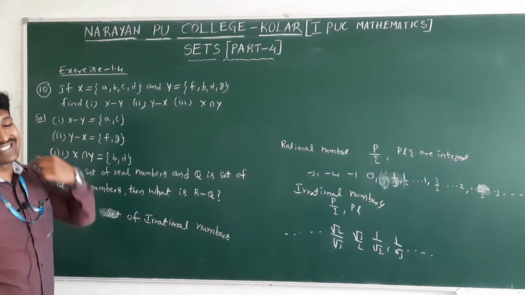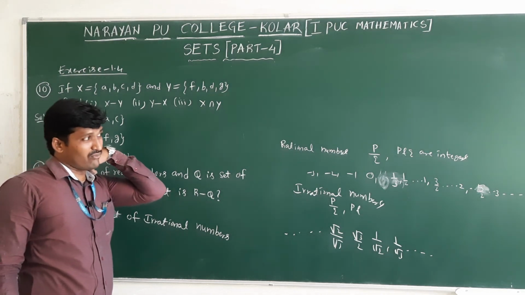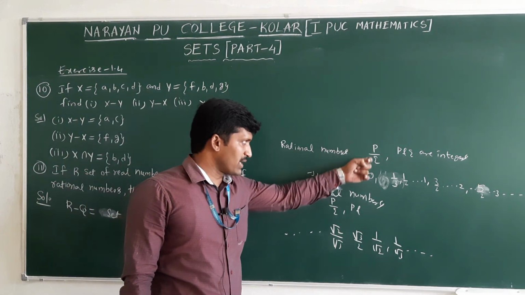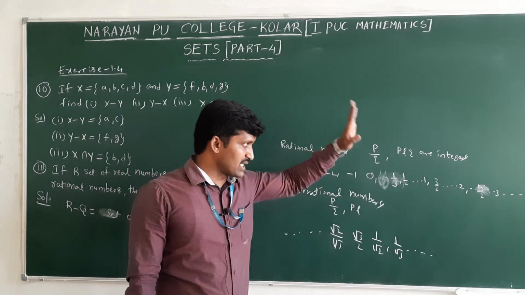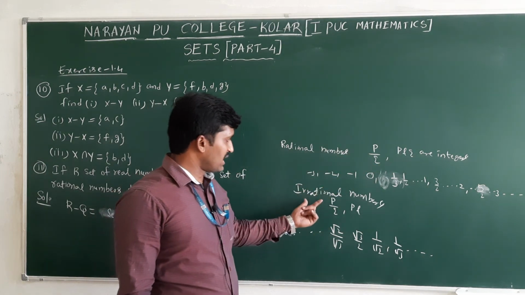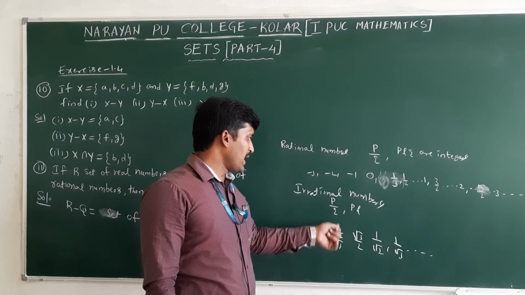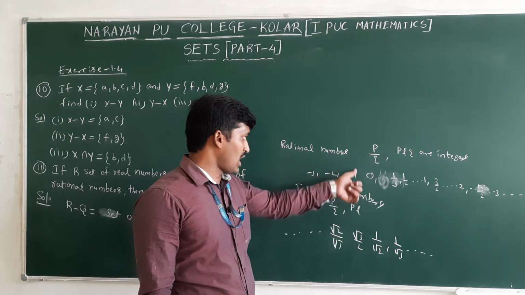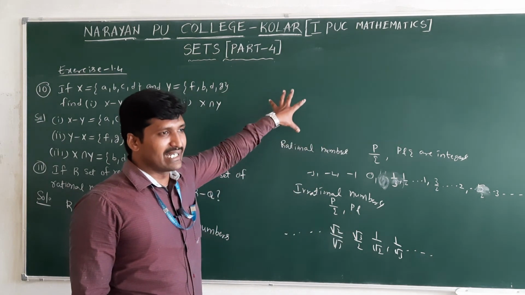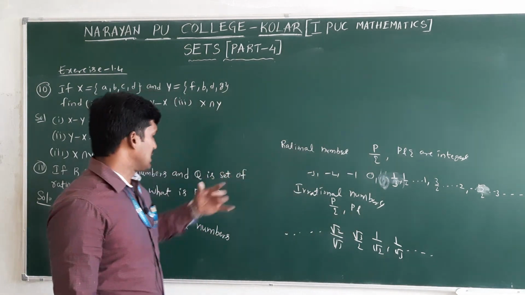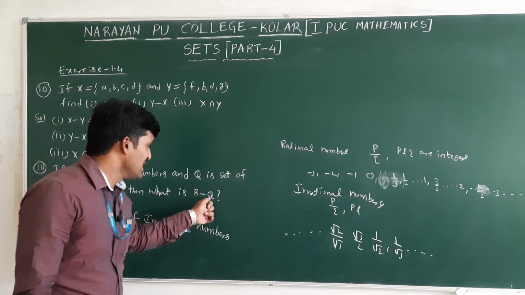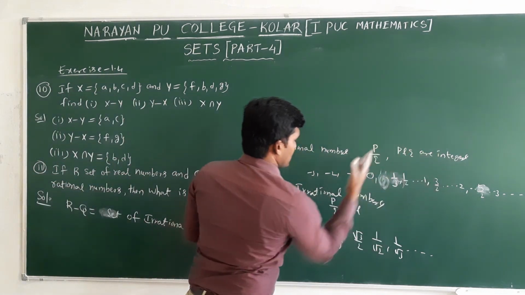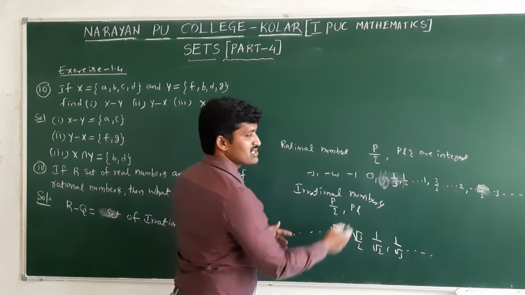Real numbers means the combination, or set, of rational and irrational. Rational numbers are in the form of P by Q, where P and Q are compulsory integers. Irrationals are in the form of P by Q, but P and Q are square root terms. These two combinations together give real numbers. We are removing rational from real numbers, so the remaining numbers are irrational numbers.